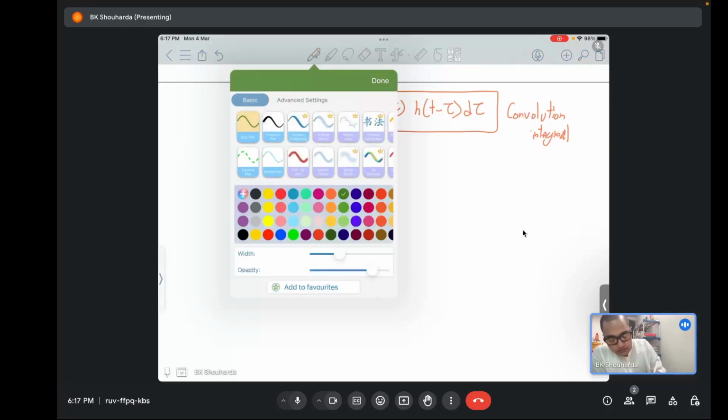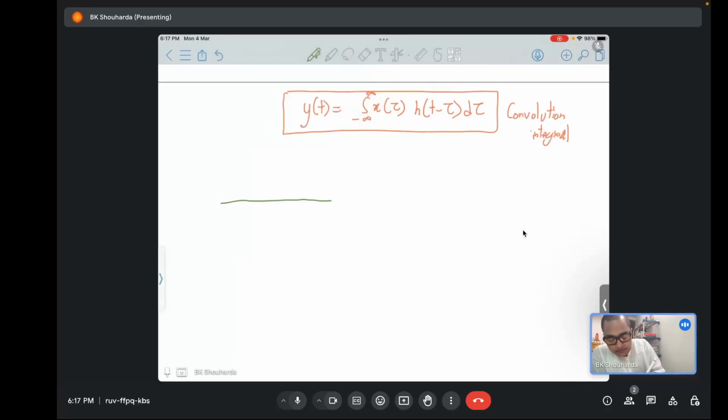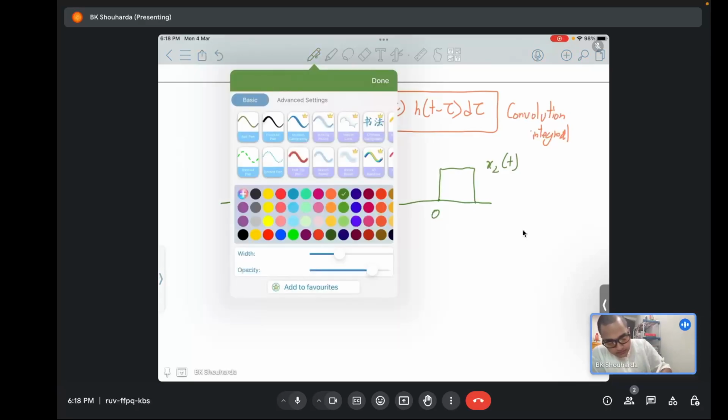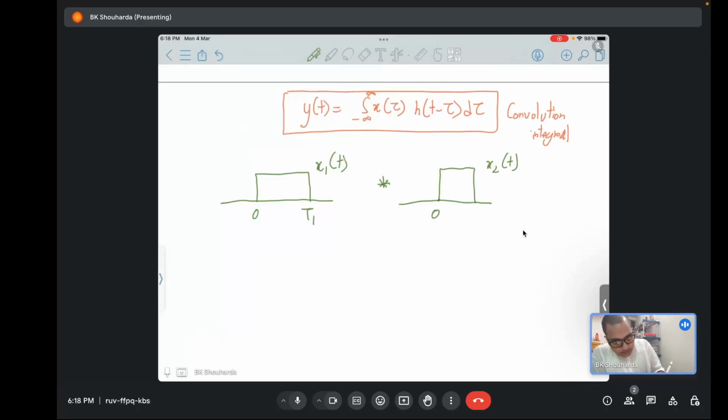Okay, so now let's look at a very simple example of this integral. So you have two pulses. One pulse is x1 of t and another pulse is x2 of t, which lies between, say, let's say this is t1 and this is t2, and I assume that t2 is lesser than t1.